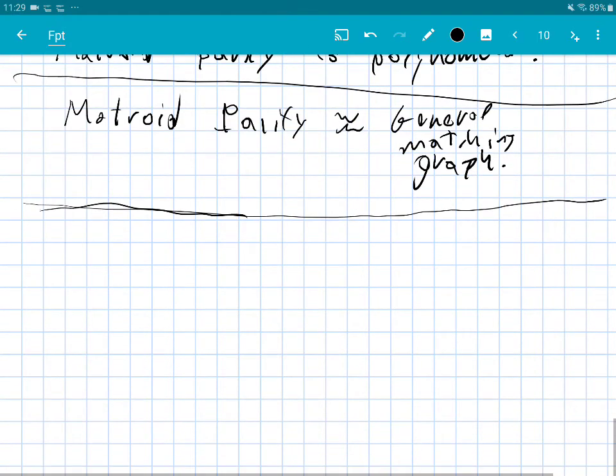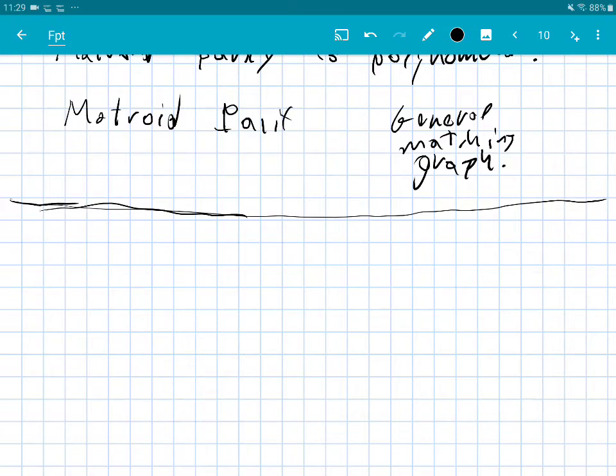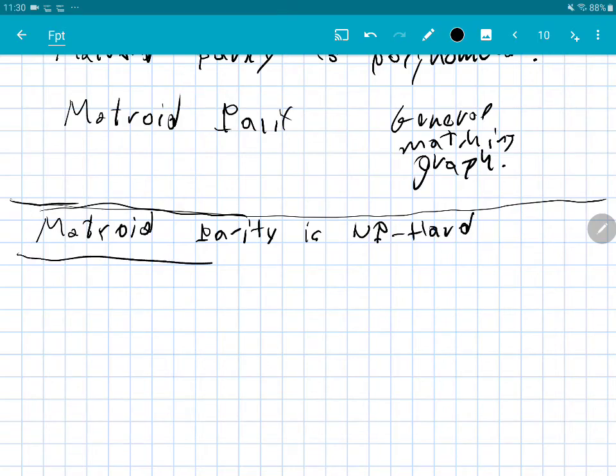It's worth mentioning that Matroid parity is in fact NP hard. The reason for the discrepancy is that the above was for linear Matroids, where we have a very good and nice representation.